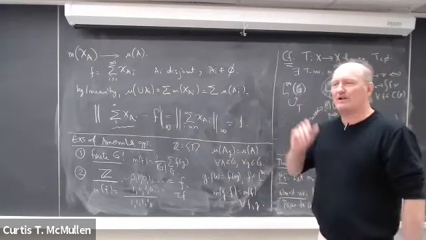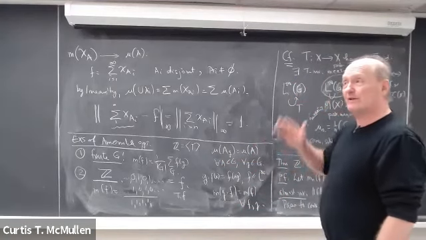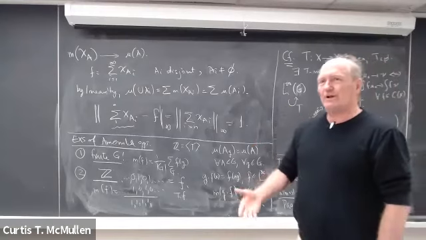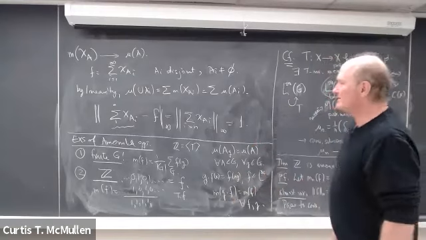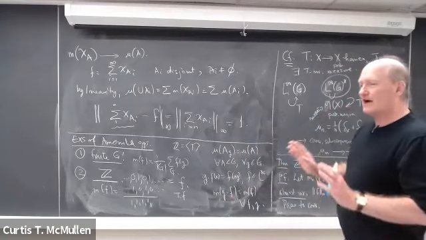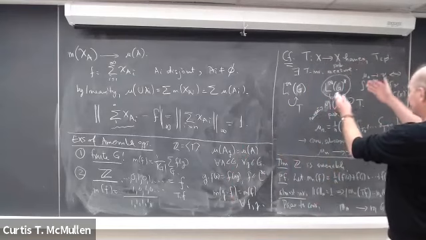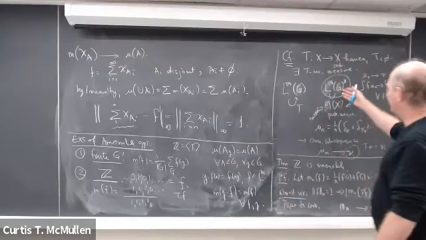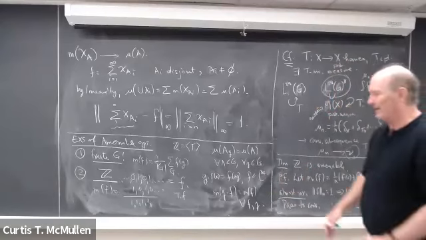Except the dual of L1 is L infinity, but the dual of L infinity is not L1. L1 is not a reflexive space. The dual of L infinity is some enormous space that people usually don't talk about. And what it is, it's the space of finitely additive measures on the integers or on the real line.